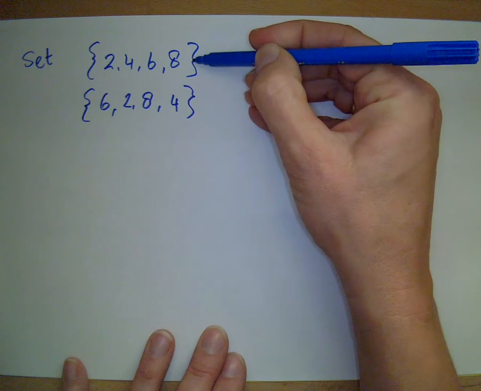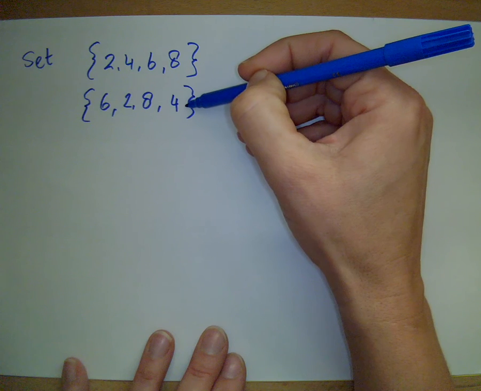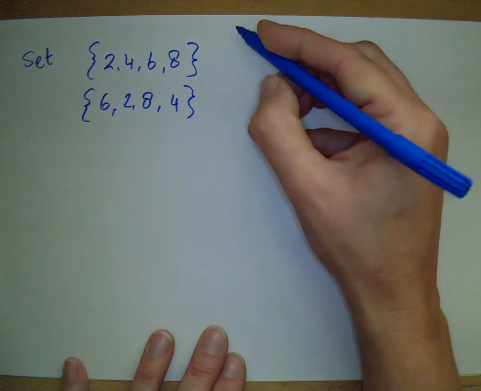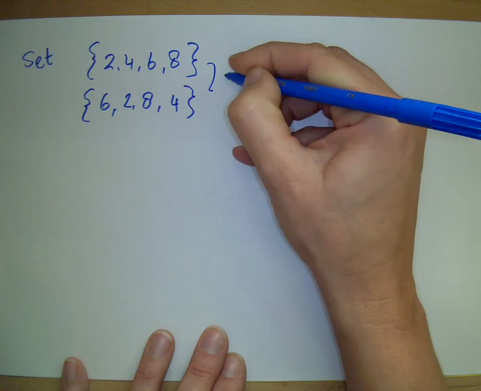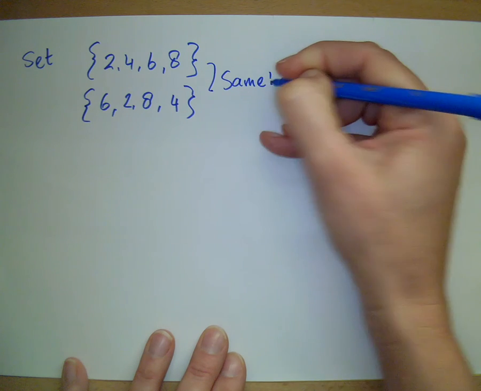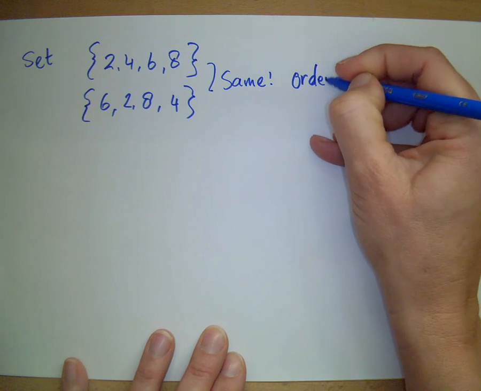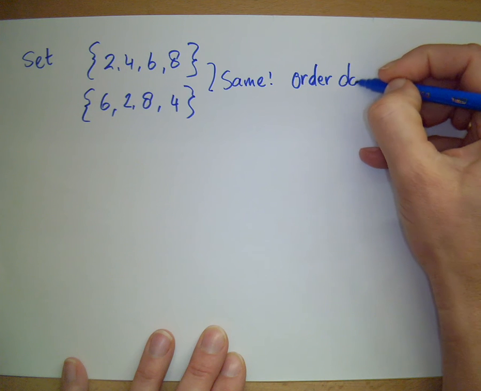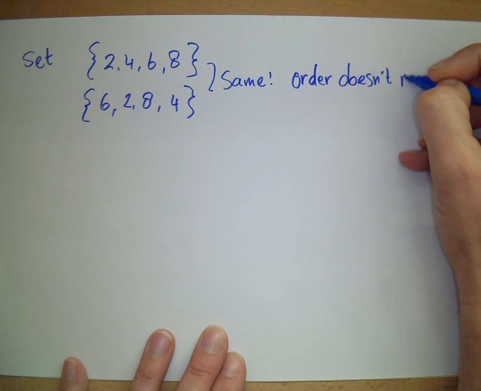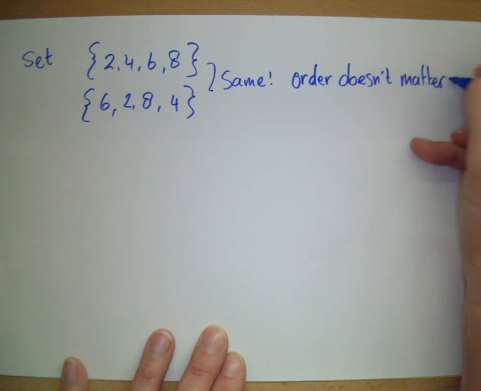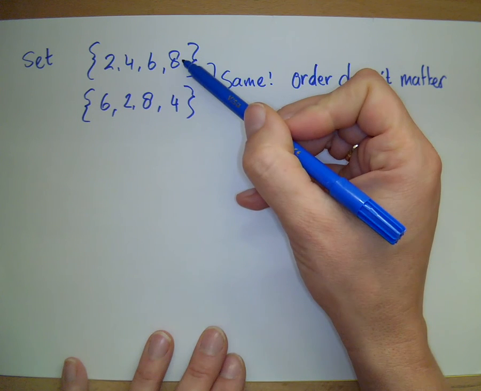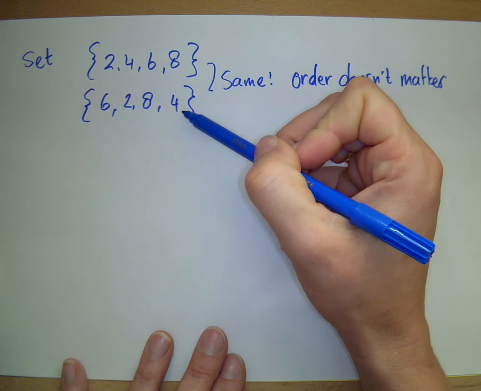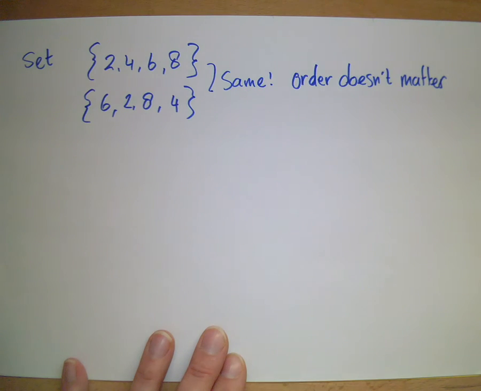So this set is actually the same set as this one. So order doesn't matter, right? These are the even numbers under 10, and these are the even numbers under 10. So same set.